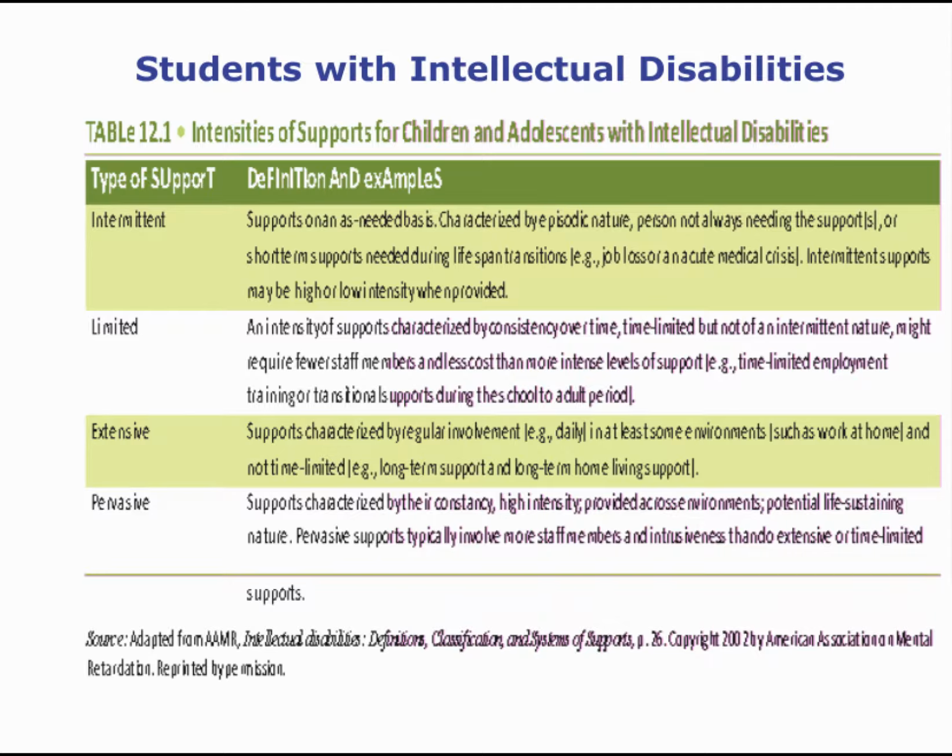When we talk about students with intellectual disabilities, we used to use the terms mild, moderate, and severe, or educable, trainable, and severe and profound. That was the 3 levels. Severe and profound typically were kids with IQs below 55. They were about 3 standard deviations below the mean.